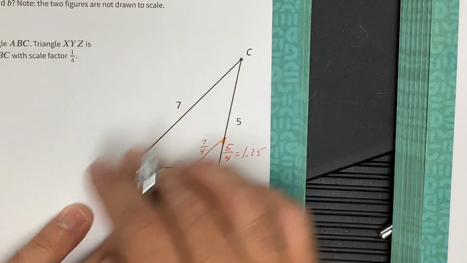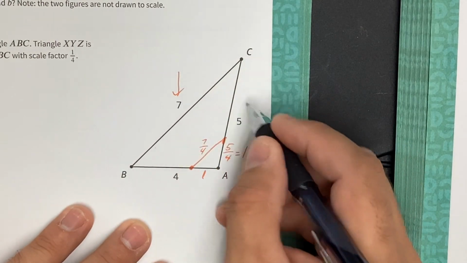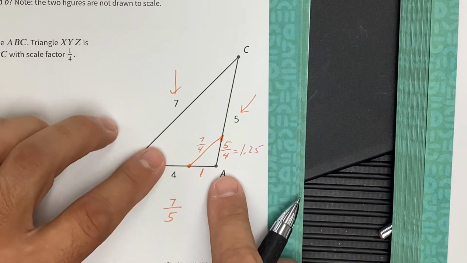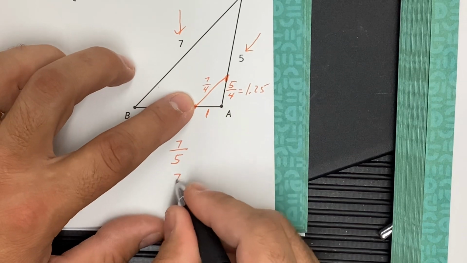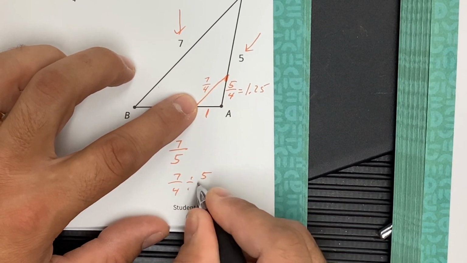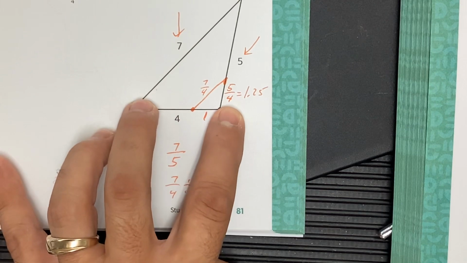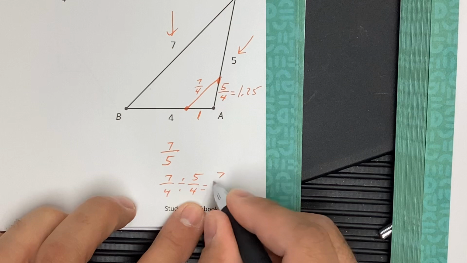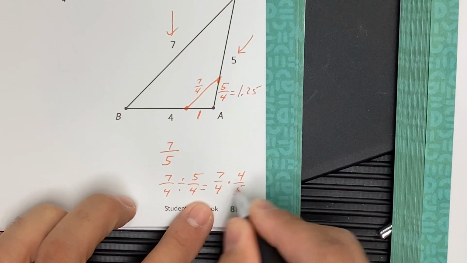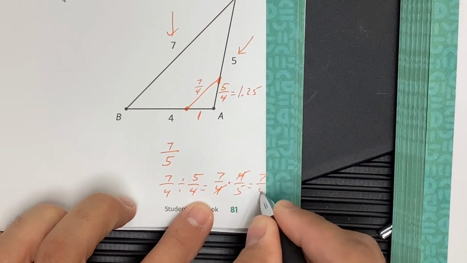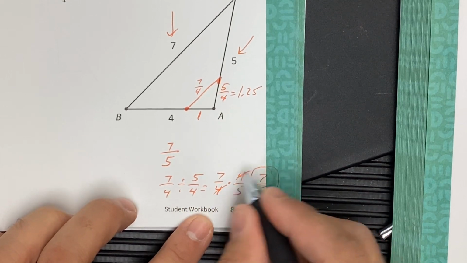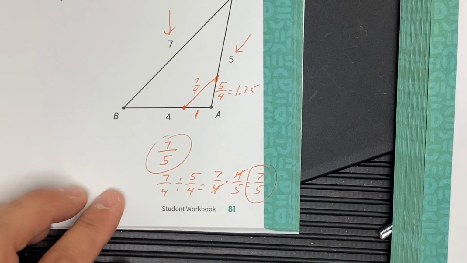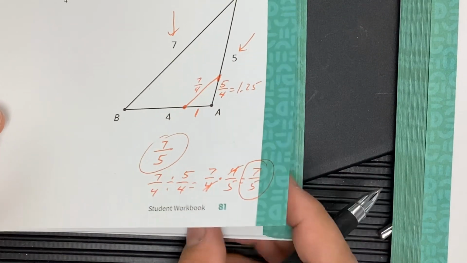On the big triangle, that would be 7/5. On our small triangle, long side divided by medium side will give us this expression. Remember, dividing by a fraction is the same as multiplying by its reciprocal. If I cross cancel the 4s, I get the same exact ratio, which is the whole point. Both of those answers should be 7/5.